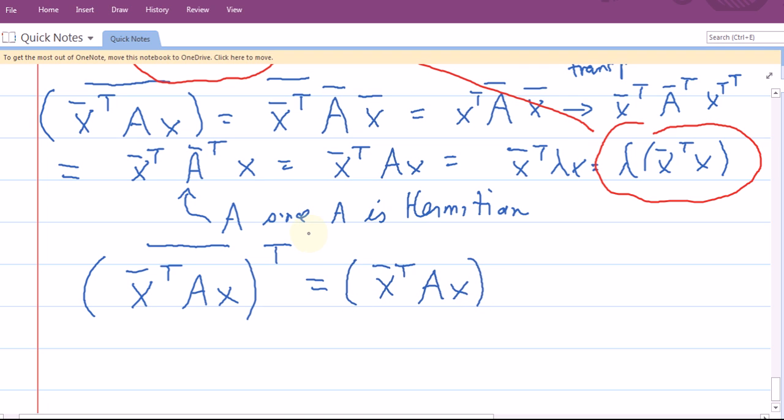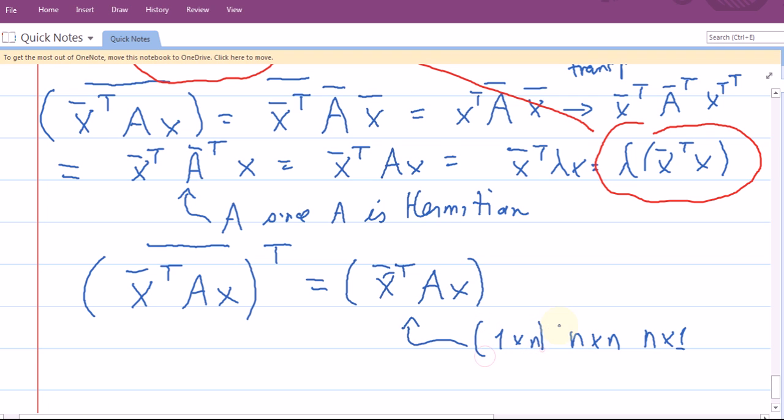All right, so this looks kind of complicated, but what are we really saying here? What is this object? What does it look like? Well, x conjugate transpose is the same size as x transpose, and A is n by n, and x is n by 1. So x conjugate transpose is 1 by n.